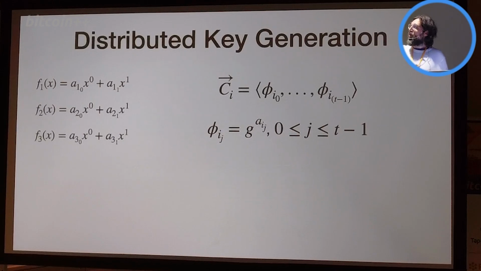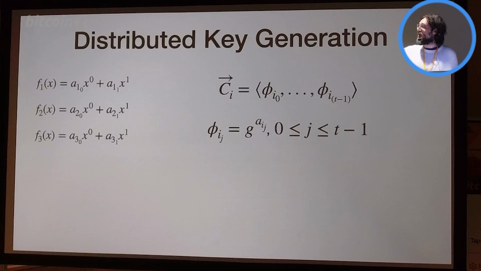So what each participant will do is commit to each of their coefficients. We're going to translate the coefficient into the point domain, the same way we generate public keys from private keys. If we have a private key x and we want a public key, we multiply it by the generator to get our public key, G to the x. So we treat each coefficient like a private key, and we derive a public key for that coefficient.